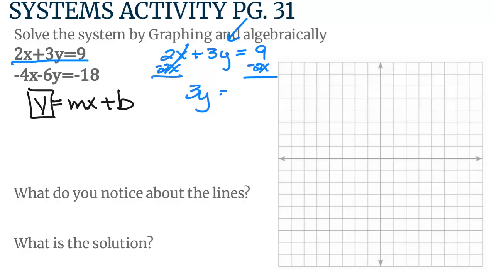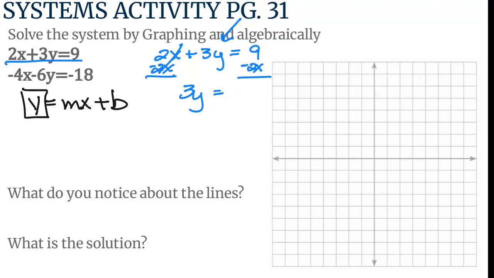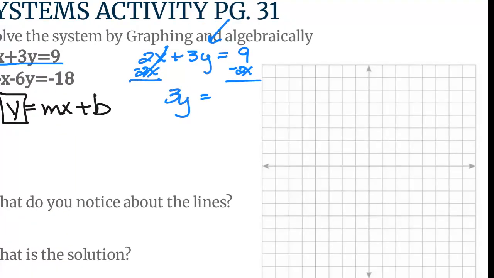3y is what you have left. Can I combine this 9 minus 2x? No, they are not like terms. So I am going to put the x term first because what's in front of the x is my slope. And then put plus 9. I want to get y by itself.